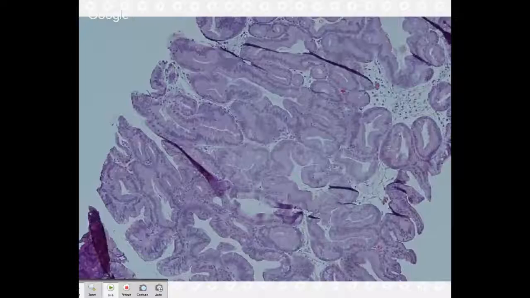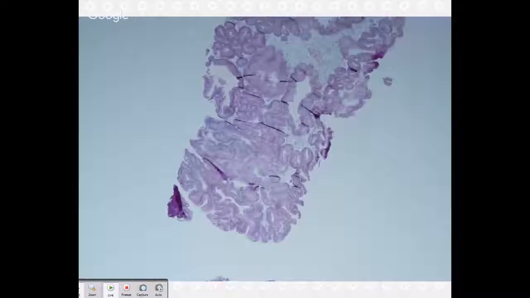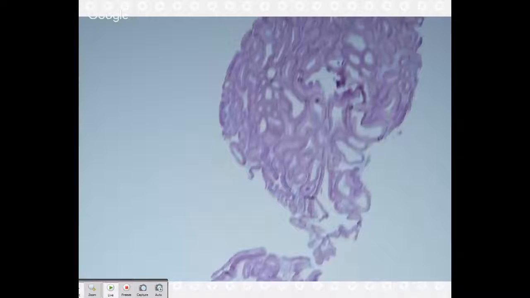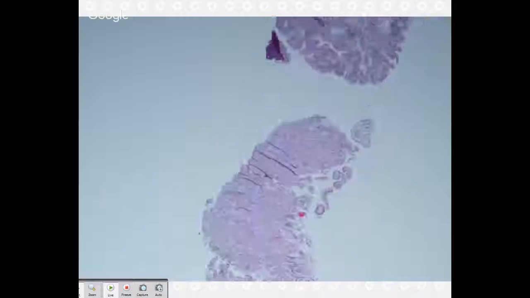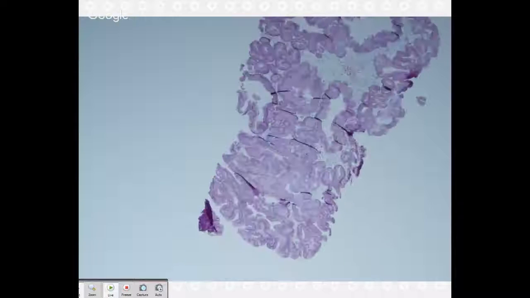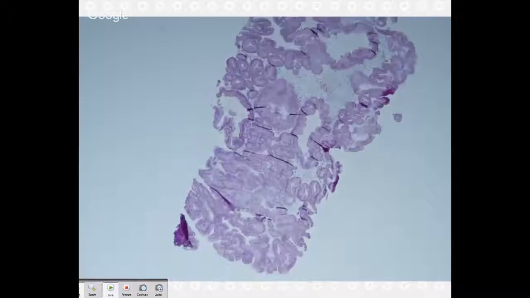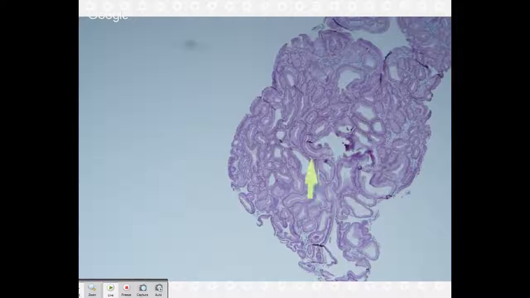So this is called a pyloric gland adenoma. Okay. These were first described in the German literature, actually, back in the 70s and 80s, as a lesion that shows up in the stomach, but also in the duodenum and in the gallbladder. You'll see something very similar. And they all have the same look, no matter the site.